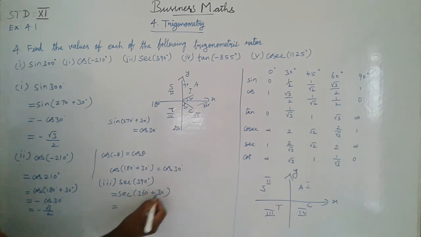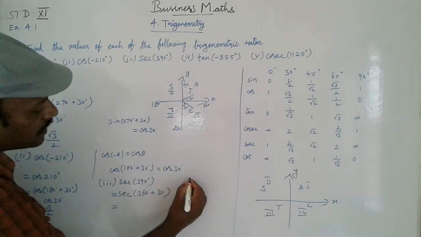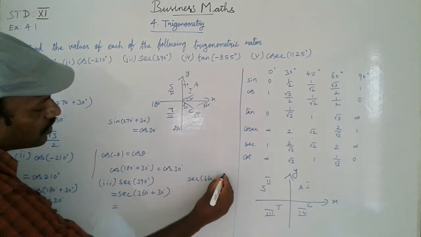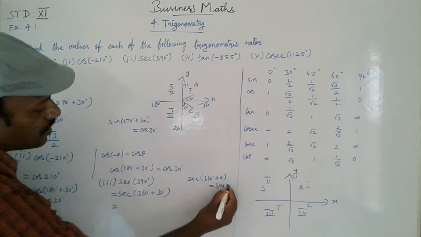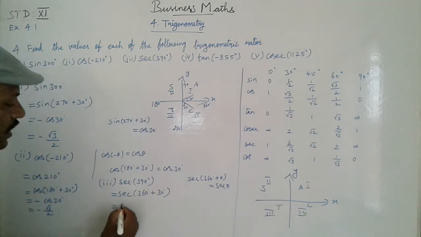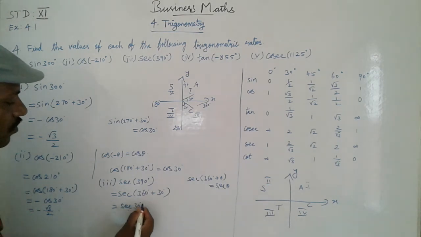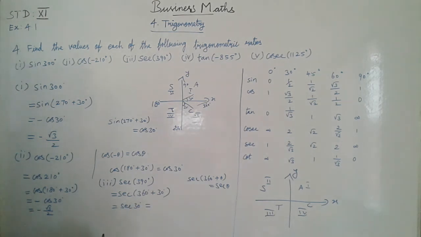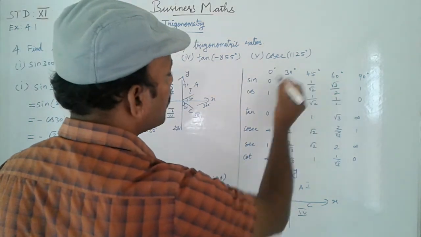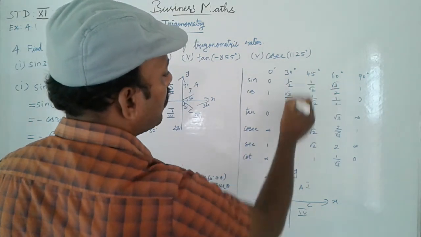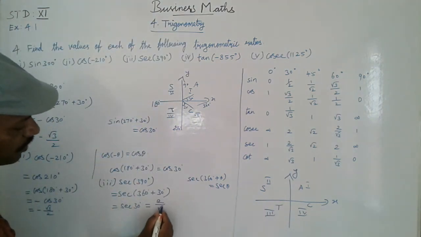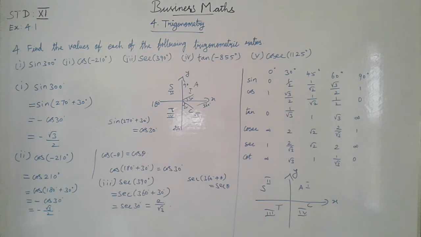Secant of 360 plus theta equals secant theta. So secant of 360 plus 30 degrees is secant 30 degrees. Secant 30 is 2 by root 3. So the value is 2 divided by root 3.